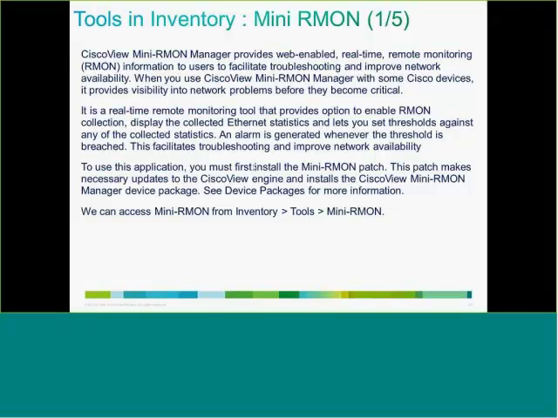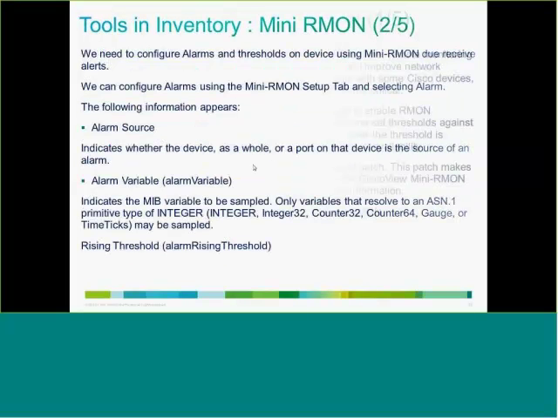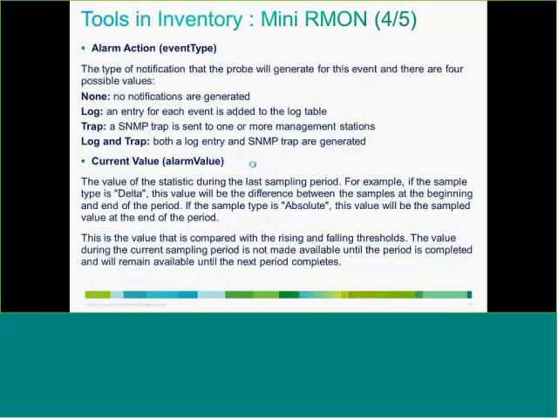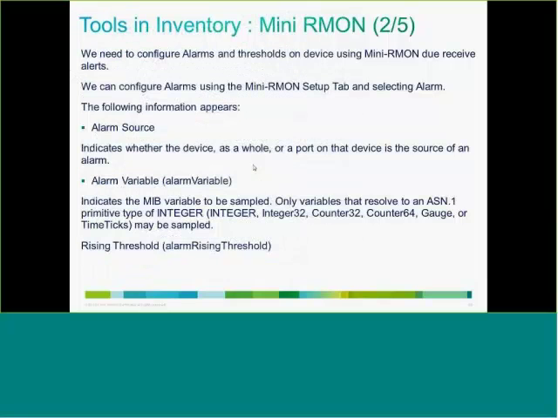It is a real-time remote monitoring tool, communicating in real time using SNMP, and we can see the details of the traffic flowing in a device or an Ethernet interface or any other interfaces.